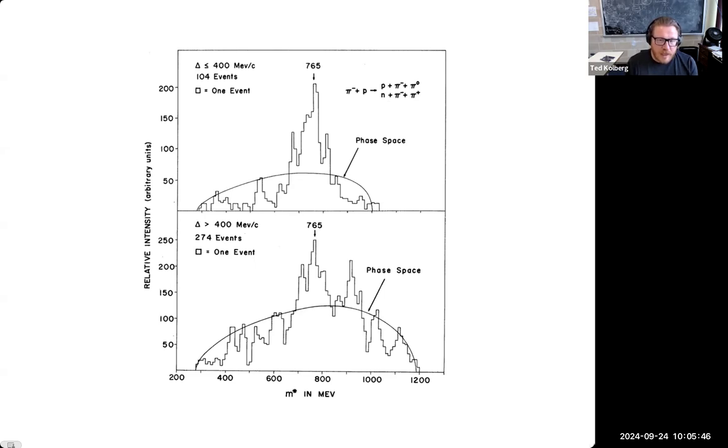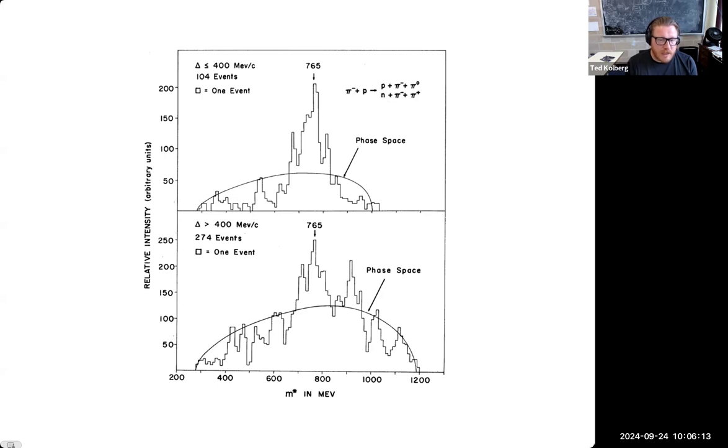And then you basically count up all of the tracks coming out, you measure their curvature, and you calculate the mass of some final state, maybe a 3 pion final state or proton plus 2 pions, as is shown here. And then you make histograms of the invariant masses that you calculated, and you look for peaks in this distribution.